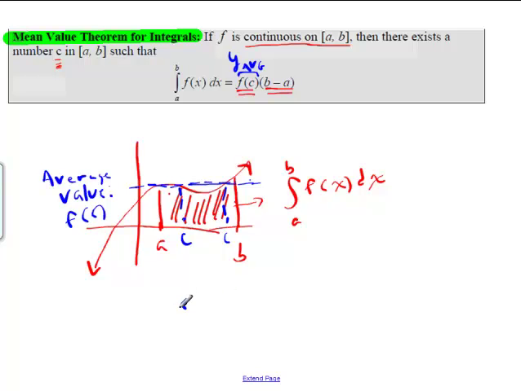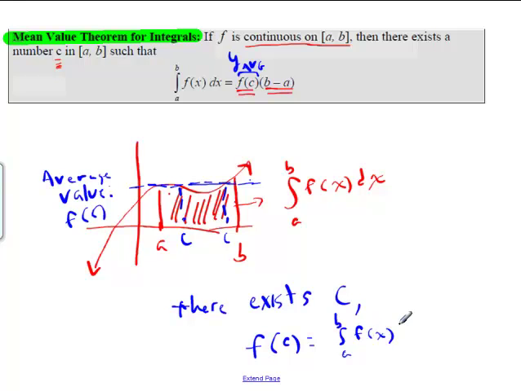such that, so there exists c such that f of c equals, and I'm just going to rewrite this slightly differently, such that f of c is the average value of my function over that interval.